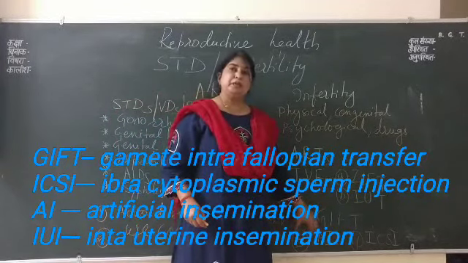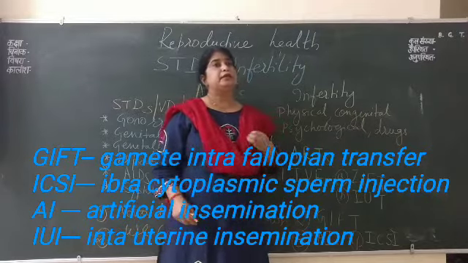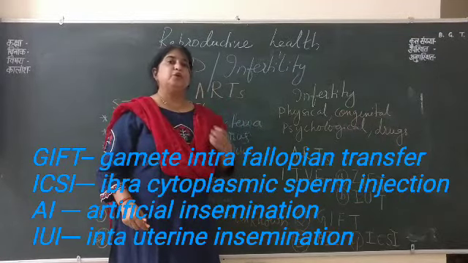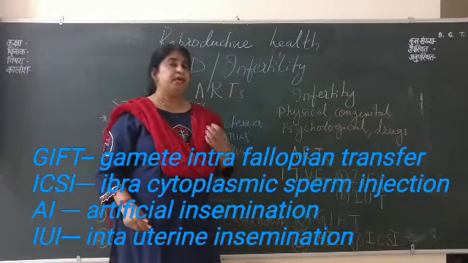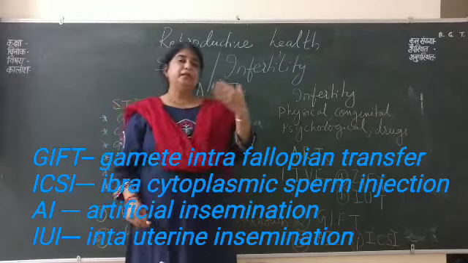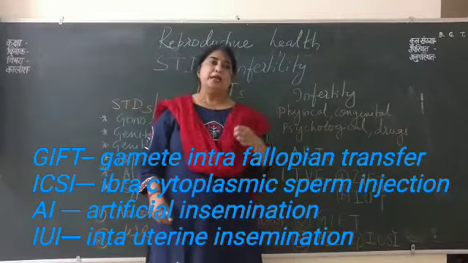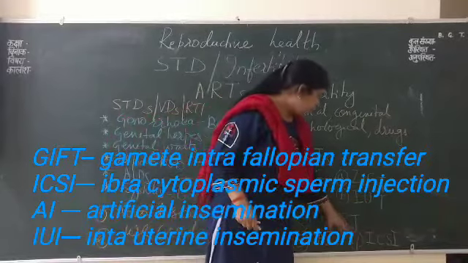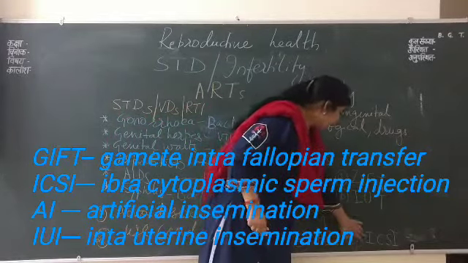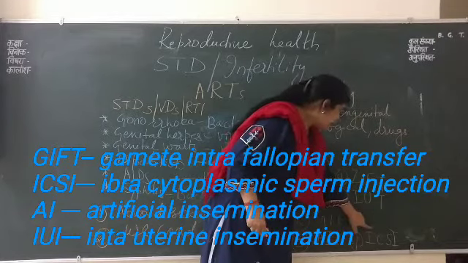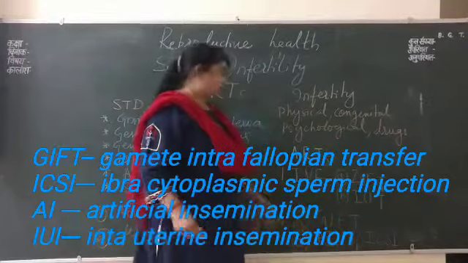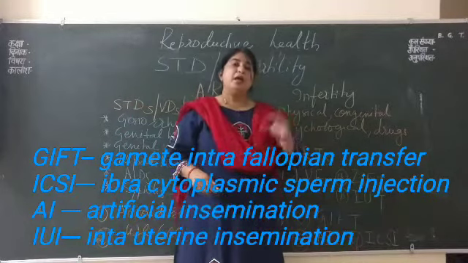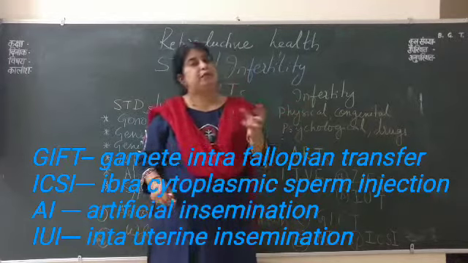In artificial insemination, if the male partner is unable to produce sperms in sufficient count, or he is producing fewer sperms, then sperms from a male donor are taken and artificially inserted directly, either in the ovum, that is ICSI, intracytoplasmic sperm injection, which is given directly in the ovum, or it may be IUI, intrauterine insemination.